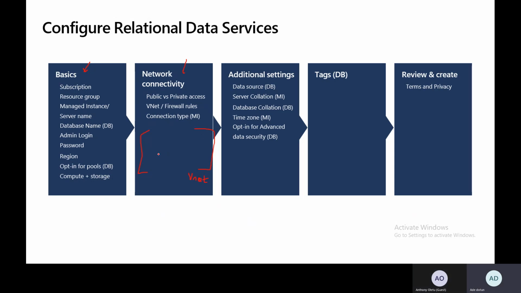If this is your virtual network, you are trying to create your SQL. These are your VMs, and there's another VM here which is outside your network. So how do you want them to communicate?